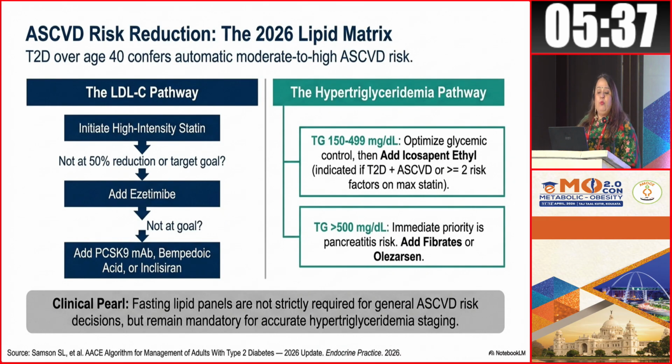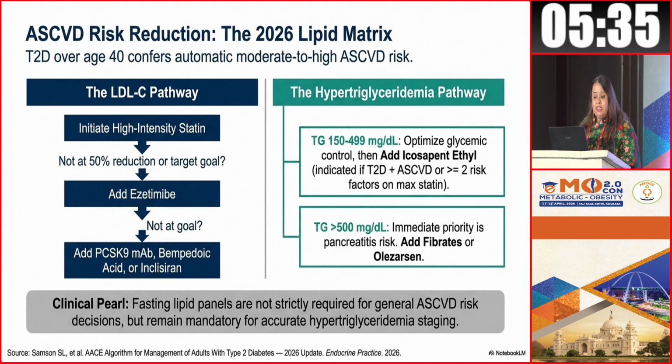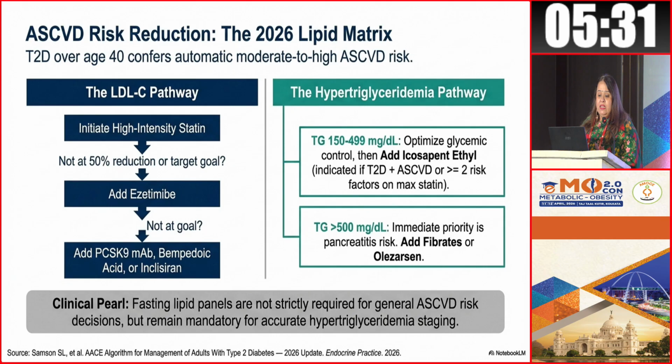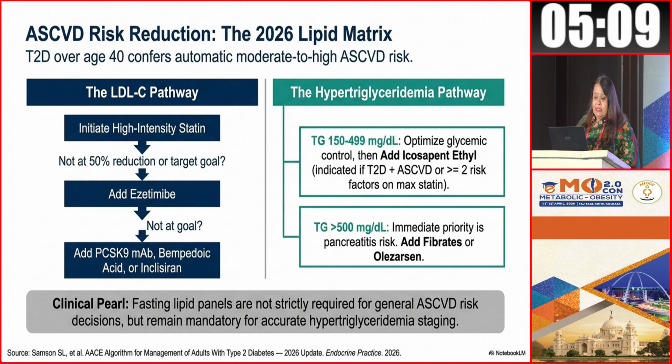Now coming to comorbidities, ASCVD risk reduction, and this is the 2026 lipid matrix. They're looking at the LDL-C pathway and asking us to initiate high-intensity statin, and if you've not met the goal, or there's not even 50% reduction, then add ezetimibe. Not at goal, then further intensify with bempedoic acid, inclisiran, or even the PCSK9 monoclonal antibodies.